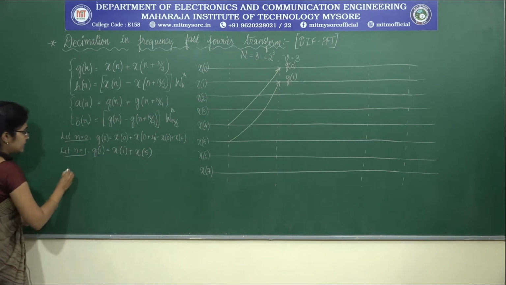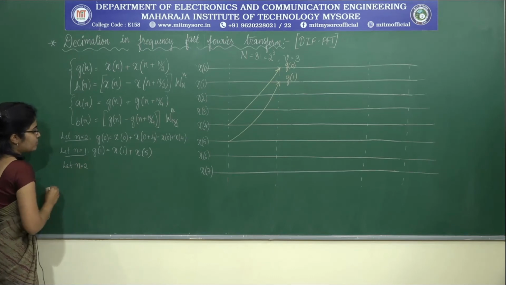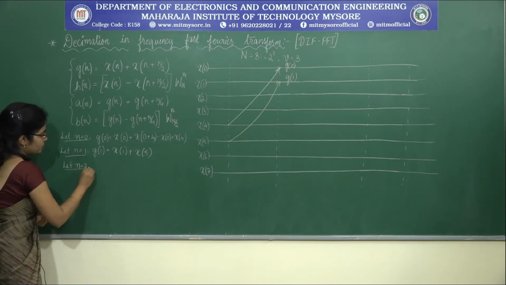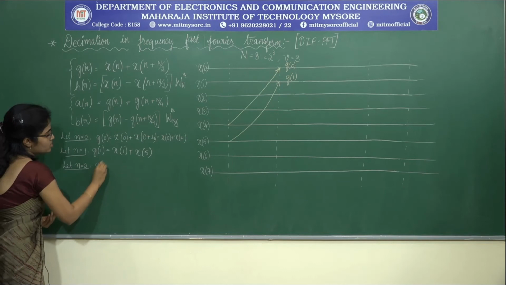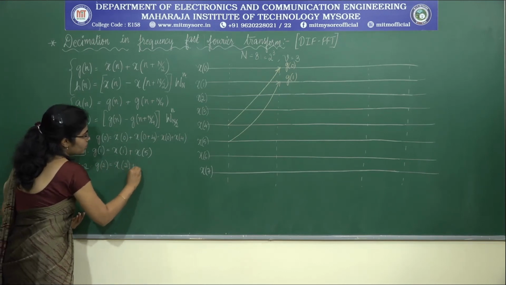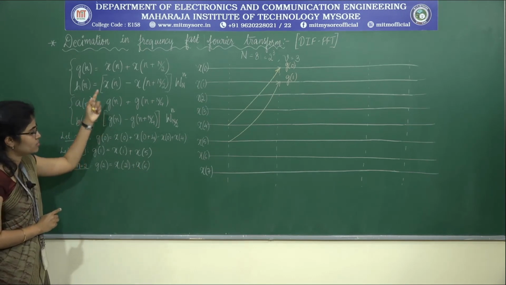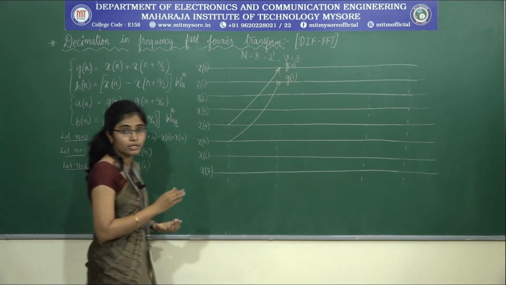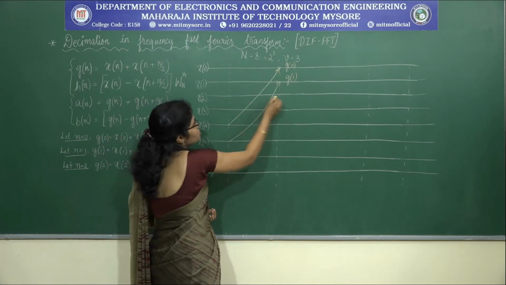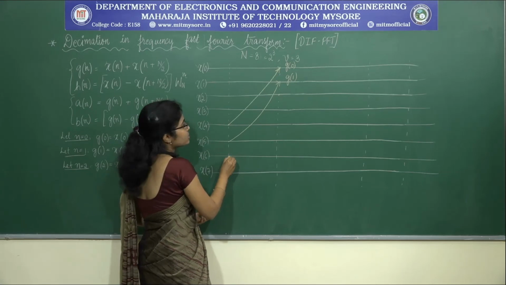Okay. Similarly, let n be equal to 2. So if n is equal to 2, what happens? g of 2 will be equal to x of 2 plus x of 6. Okay. So n is 2, 2 plus 4 is 6. So I need to combine x of 2 and x of 6. So this is x of 2 and this is x of 6.